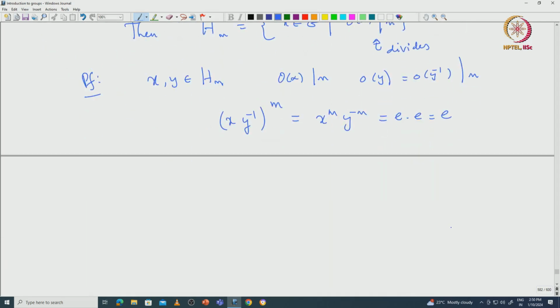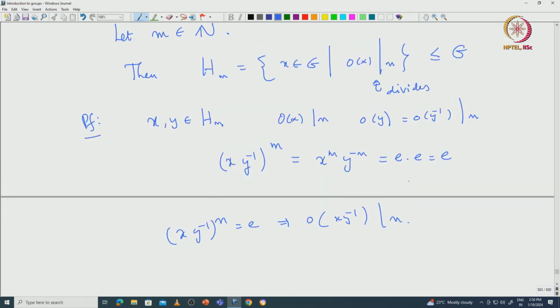So that implies that xy inverse to the power m is identity, which implies the order of xy inverse also divides m. So that proves xy inverse is inside H_m, and H_m is a subgroup of G.